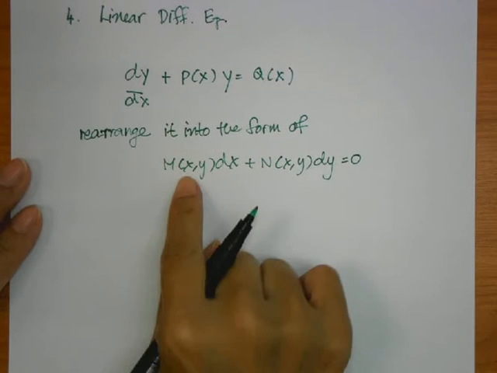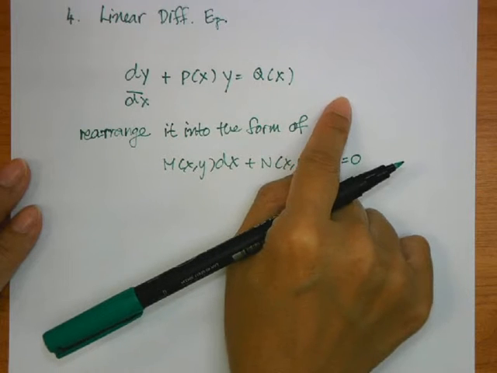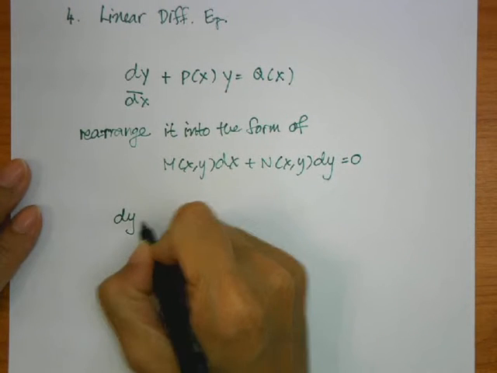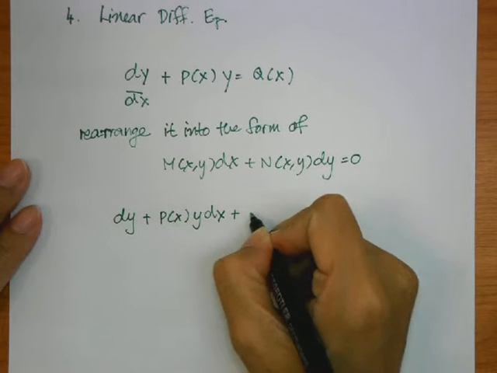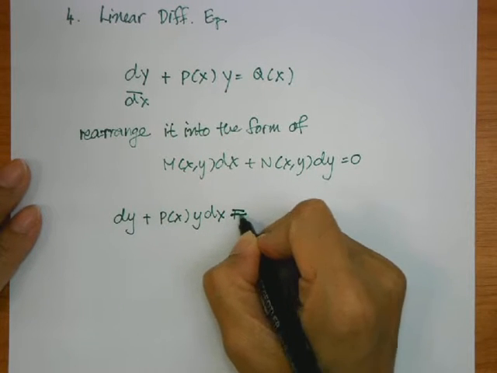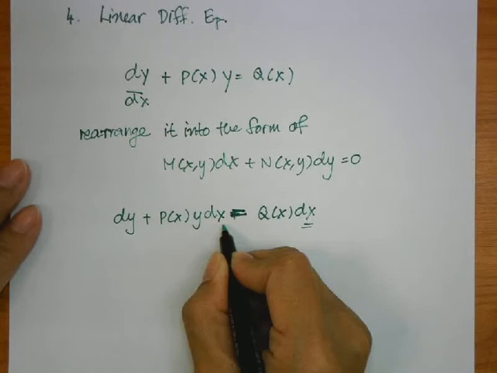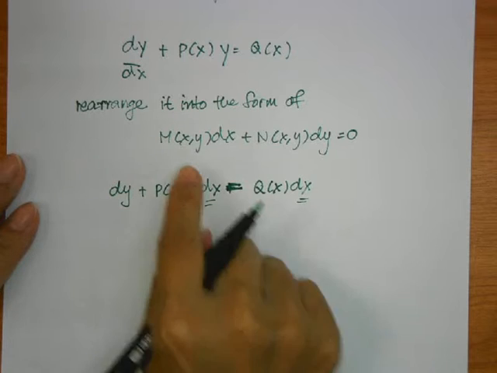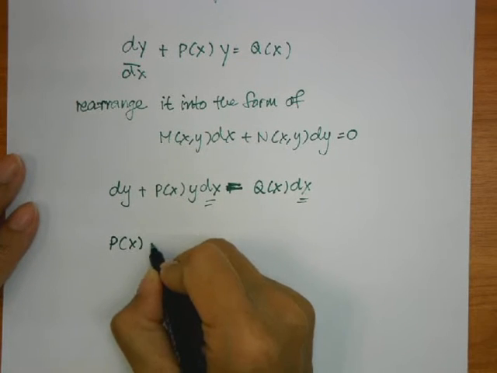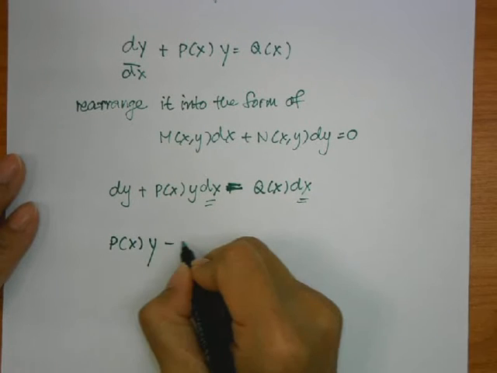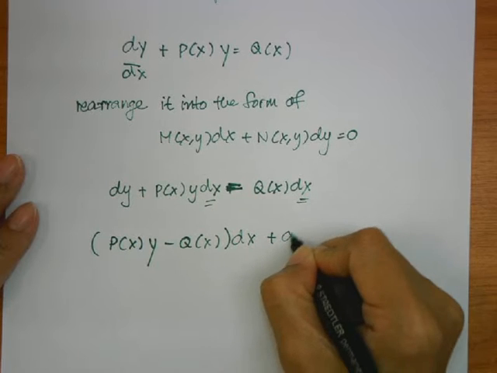In order to do this, we just multiply the equation by dx, right? So we would get p(x) y dx equal to q(x) dx. We put dx and dx together. In order to get M dx, we would get p(x) y minus q(x) dx plus dy equal to 0.